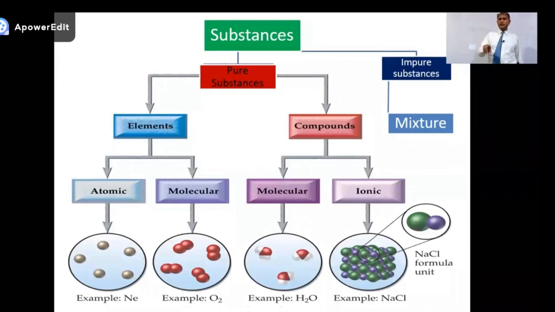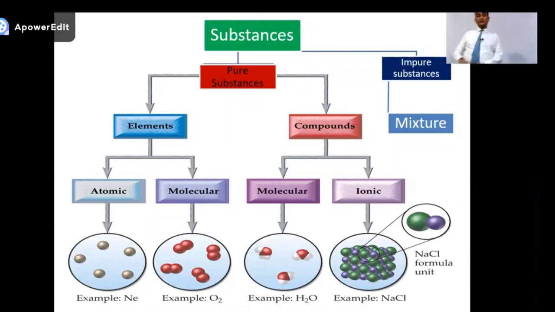If it is impure, like soil is impure, we call it mixture. Like air, mixture, right? Blood, mixture. Or it could be pure. All of these things we will study in detail afterwards. It's just a brief revision relating to your previous studies that you already know in grade 8 and 7.